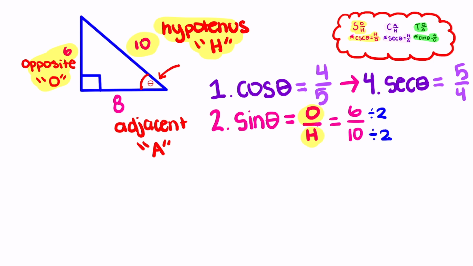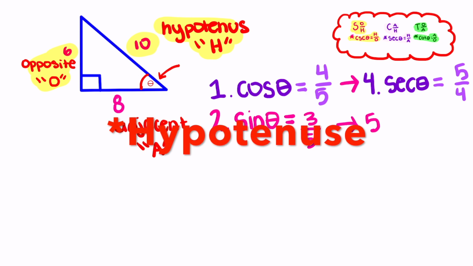We see that 6 and 10 have a GCF, or greatest common factor, of 2. Both numbers are divisible by 2. We can simplify this fraction, so if we do that, let's see what we get. If we divide 6 by 2, we get 3, and when we divide 10 by 2, we get 5.